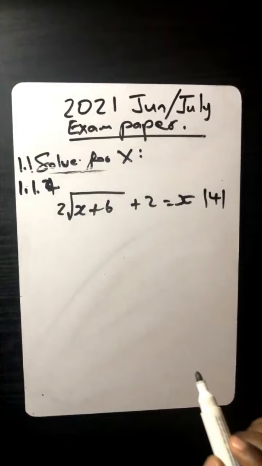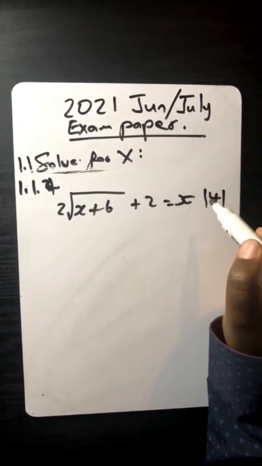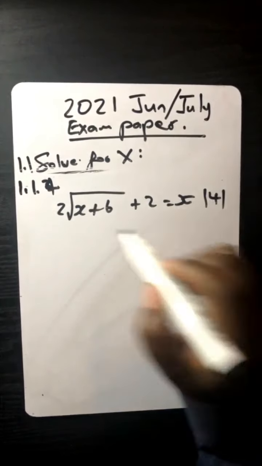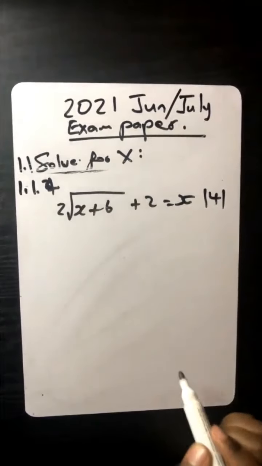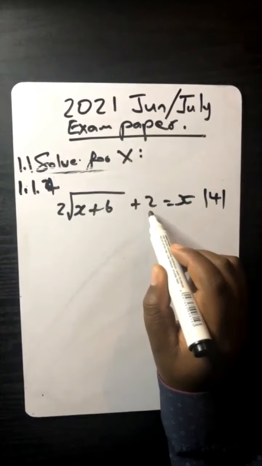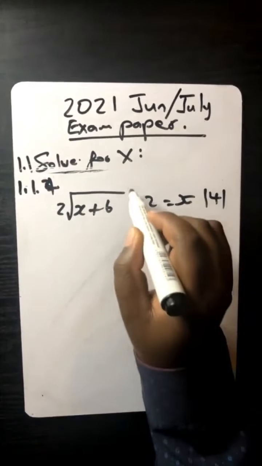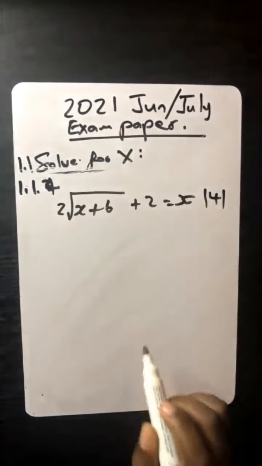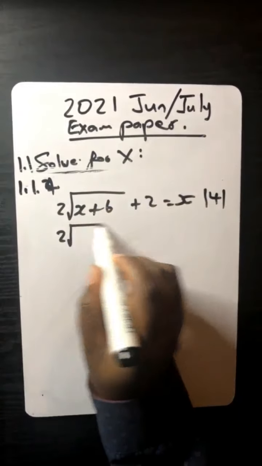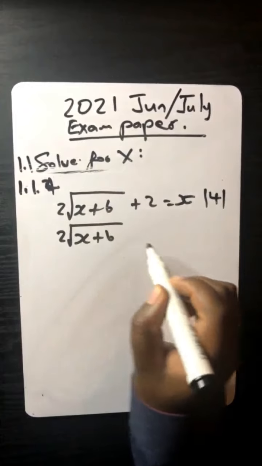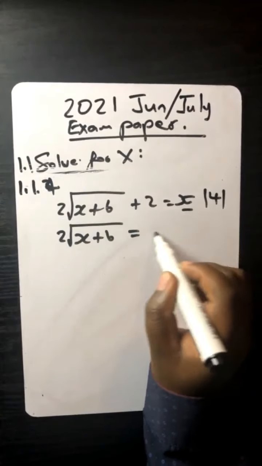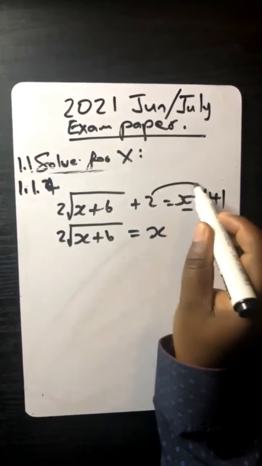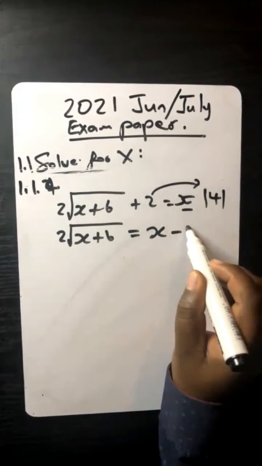So remember, guys, in these situations where you are dealing with square roots, you need to move everything to the other side and remain with that square root on the left. So you're going to have 2 square root of x plus 6 equals x, and you move that 2 and it changes the sign.